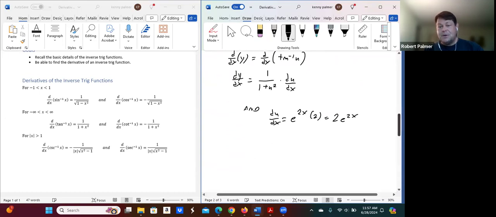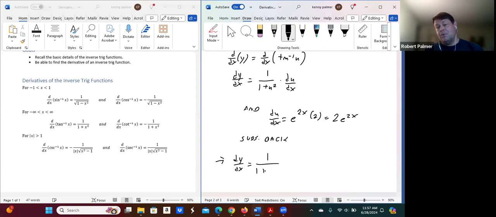So now let's substitute everything back in. With the substitution, you substitute back in with the original variable. And so what we have is dy with respect to dx is going to be 1 over 1 plus u squared. Remember, u was e to the 2x plus 1, squared.